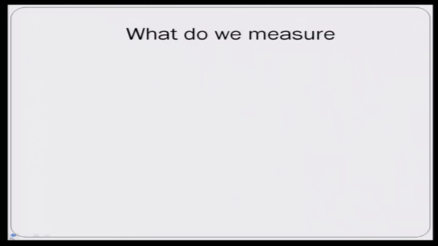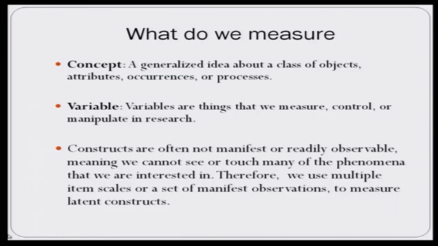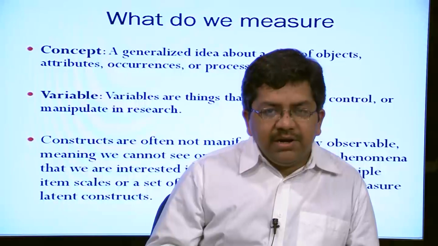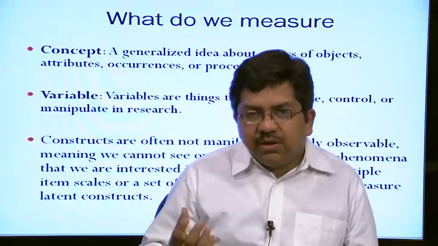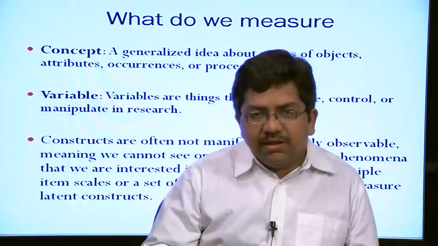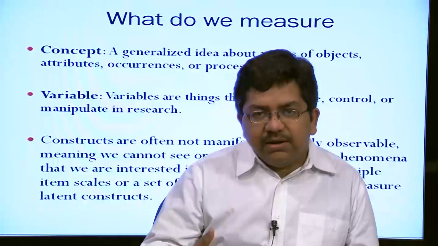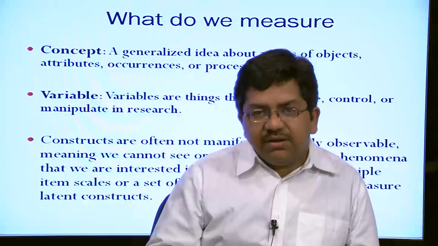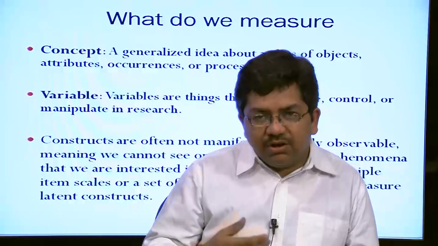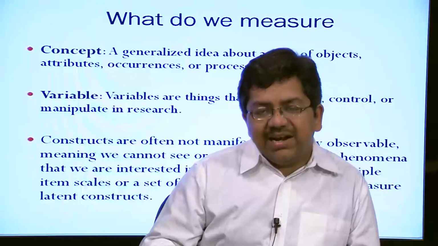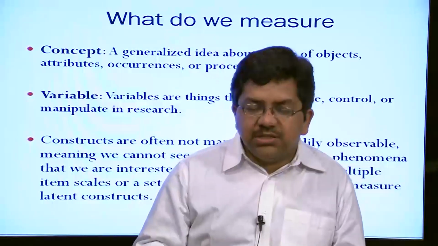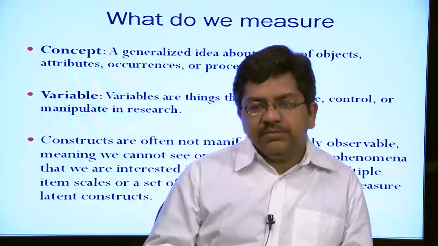So, what do we measure actually? In marketing, we basically measure things which are called constructs, and they are somewhat different from what we study in some other fields. Take the example of the medical sector, where variables like body weight are studied, or in the case of automobiles, we study the speed or the velocity. All those things are directly observable. However, the kind of concepts that we study in marketing research are somewhat different.